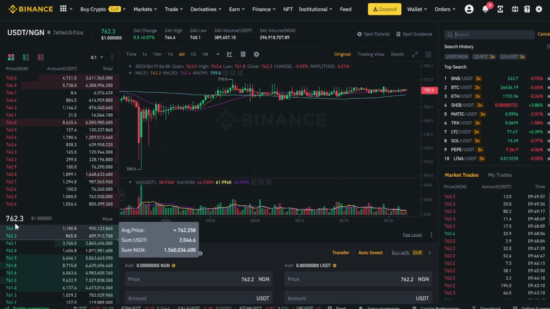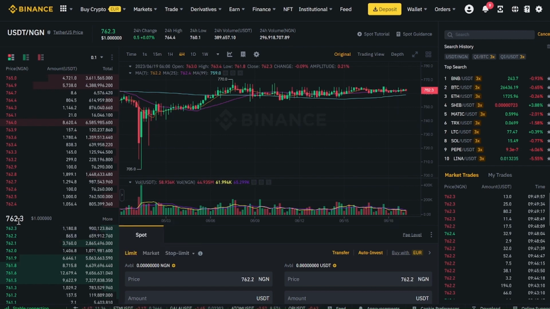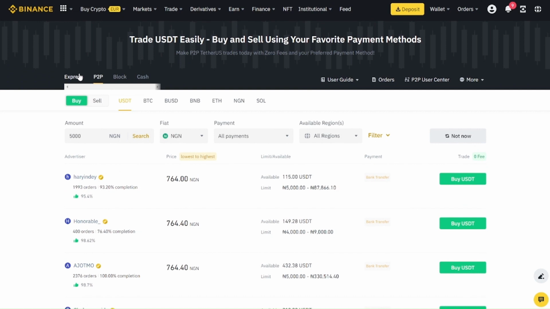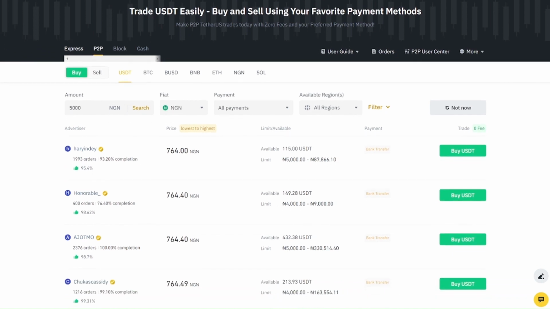And right here, you can just come to this level over here to sell. And if you don't want to sell directly, you can just come over here again to the buy option. Remember, if you are selling, it's going to bring it to people over here to buy from you. You can just make this order again to sell at this price.